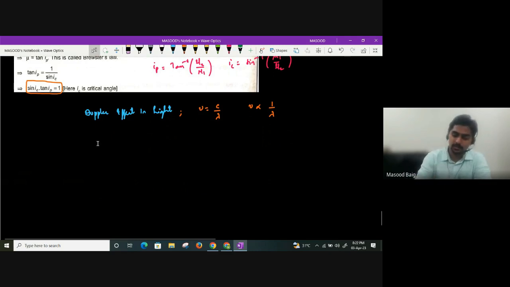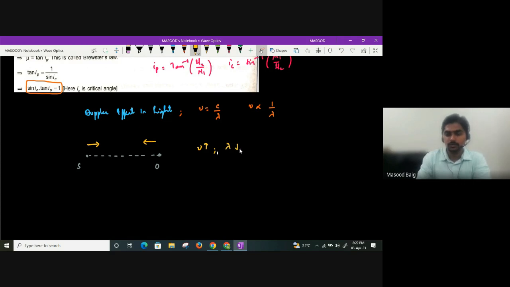There we study source of sound. Here we will study source of light, guys. If I take source of light and observer, this will be the line joining source and observer. We are already aware when source moves towards the observer or observer moves towards the source, what will happen to frequency? Increases. What will happen to wavelength? Decreases.